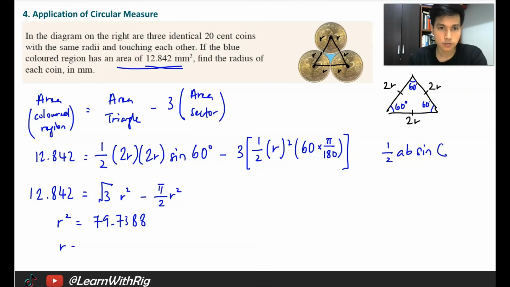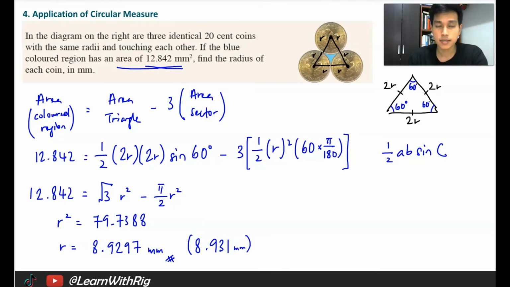In the end your r should be equal to 8.9297. The actual answer that was given is 8.931, so it's actually pretty close, so it's acceptable.